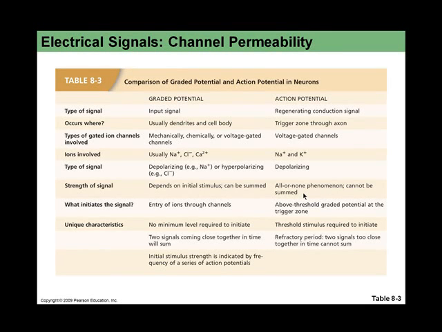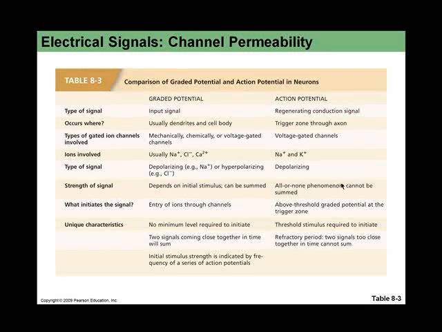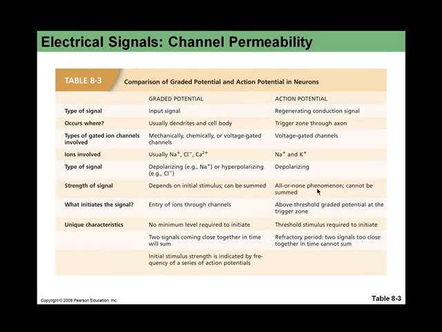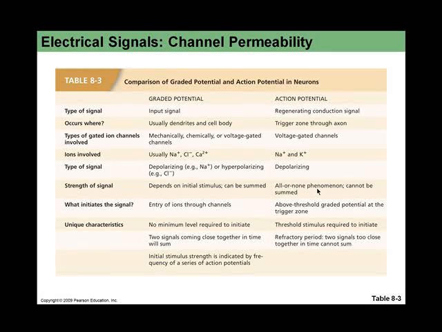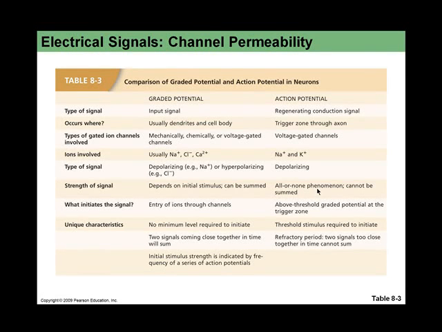And it cannot be summed, so you can't push two action potential events together on the membrane and have a greater magnitude. So remember, the action potential, we had talked about this a few times before, and we'll continue to remind ourselves, it is not AM type of a signal, amplitude modulation. It's FM type of a signal, frequency modulation. But we have one other component than just frequency modulation.